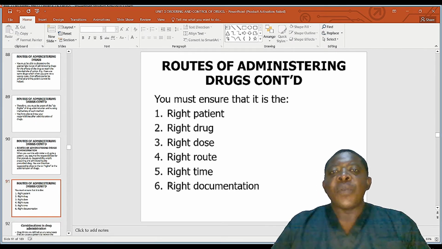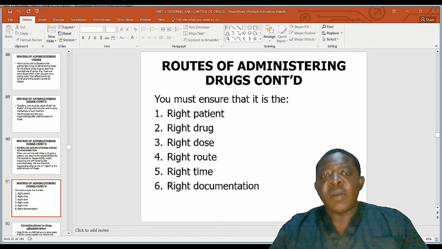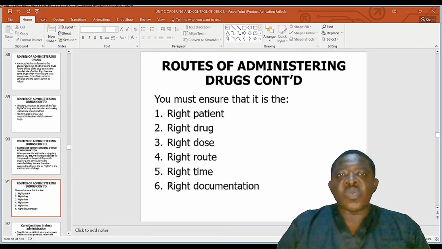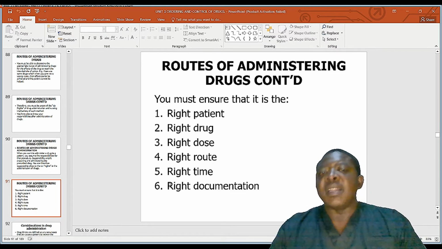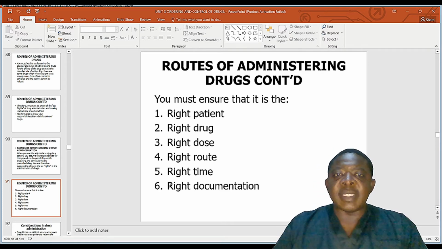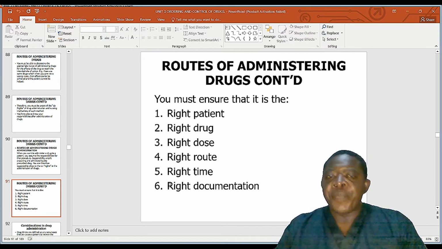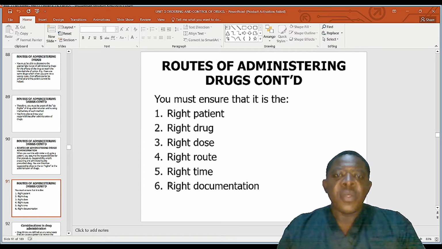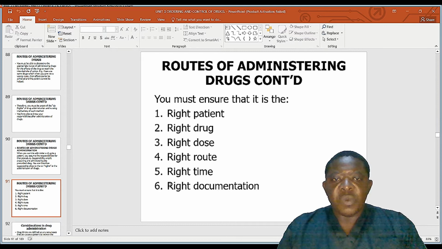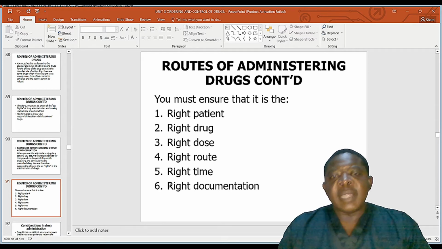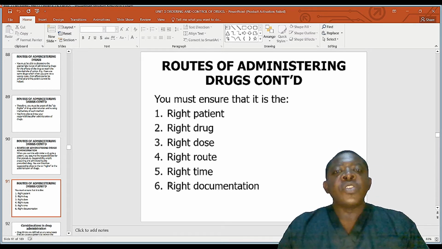So these are the 6 rights of drug administration. You must ensure that it is the right patient, the right drug, the right dose, the right route, the right time, the right documentation.